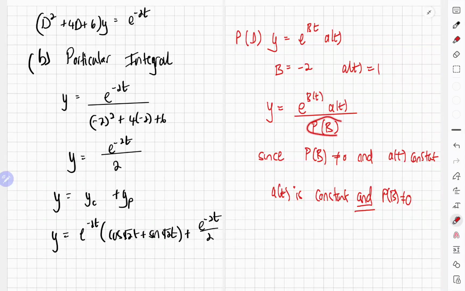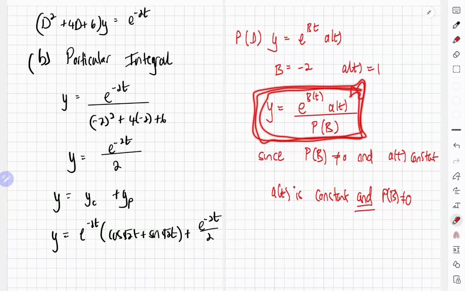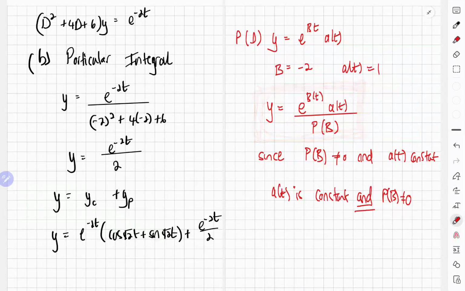So P of beta is in the denominator, so it cannot be 0. If you have these two conditions, that A(t) is constant and P of beta is not 0, you can go to your solution straight away. Please remember that. Do not waste time with the shift rule.